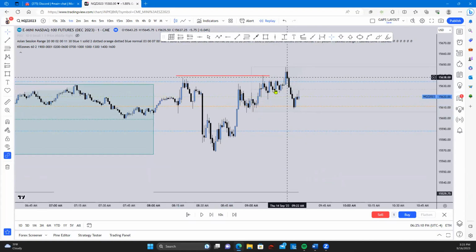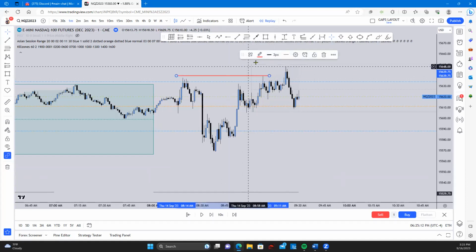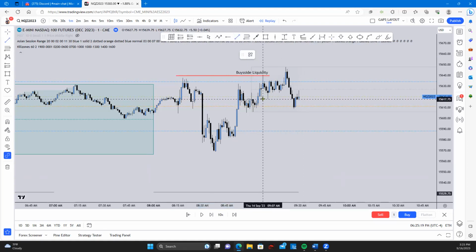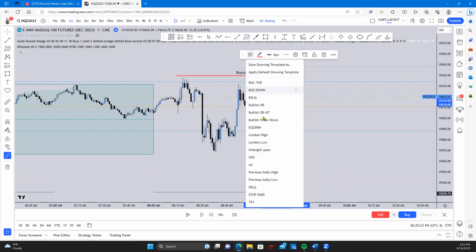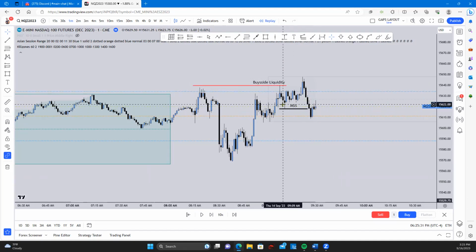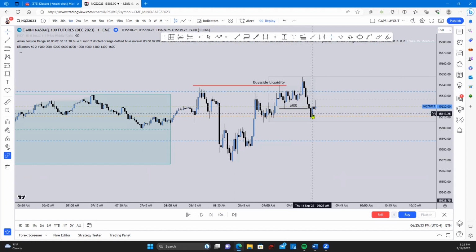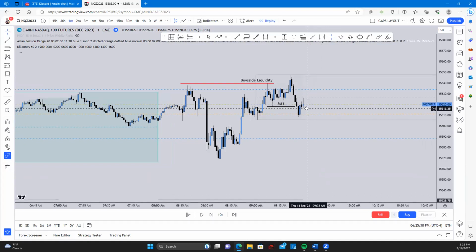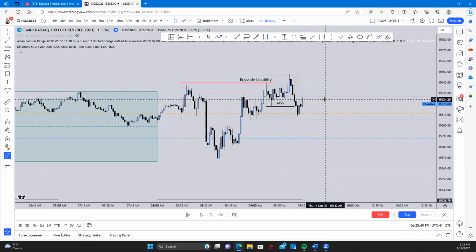But what happens here is we take out this small buy side liquidity, and then we have this low put in here, which we then break to the downside aggressively. Okay, we have 1, 2, 3, 4, 5 bearish candles with lots of displacement down, breaking this market structure.